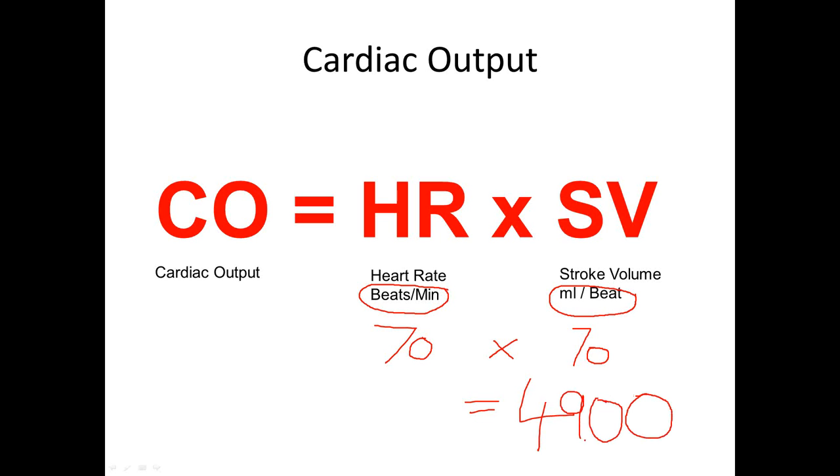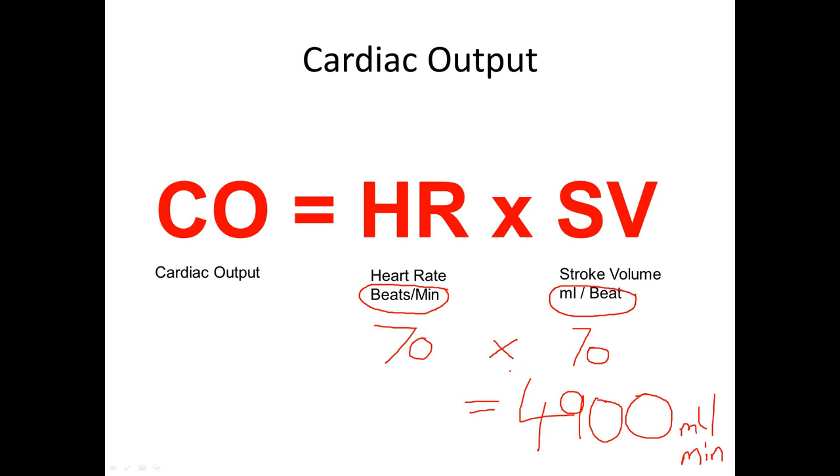So 4,900 mils per minute. So with 70 beats per minute and 70 mils, the cardiac output is 4,900 milliliters per minute. So that's the cardiac output.